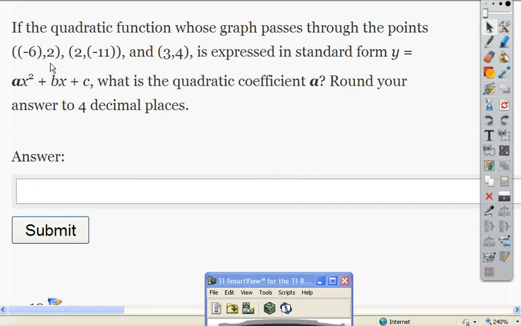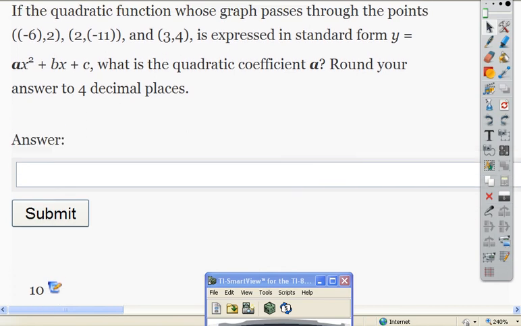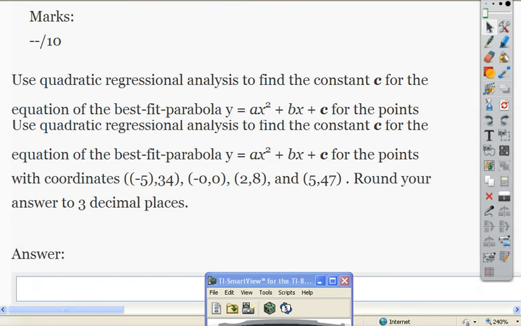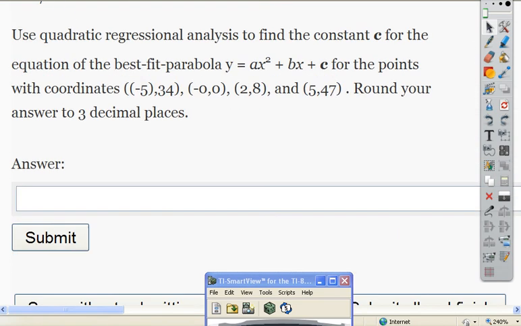Now, notice that that question and this question are essentially the same thing. One difference in the way the answer is going to turn out, but not the way you do the problem. If I use quadratic regression analysis to find the best fitting parabola for these 4 points, I do it the same way, right? I'm just going to put in 4 values instead of 3. The difference is the parabola is not going to fit these 4 perfectly, probably.